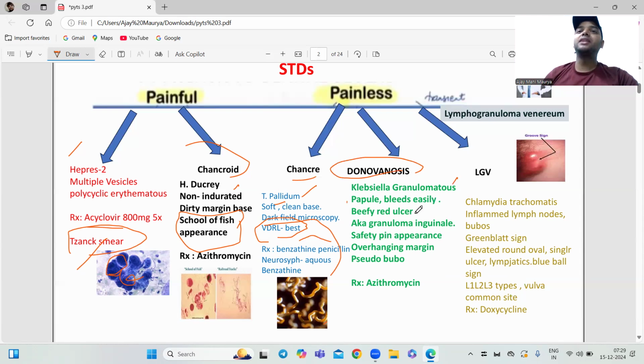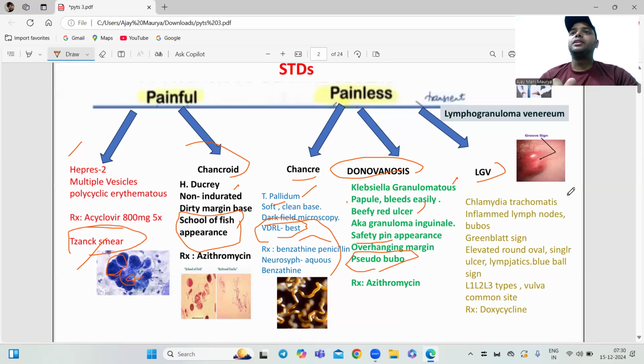Just remember these 2 points for donovanosis. It also has a safety pin appearance. It has pseudobubo. Pseudobubos are present. Treatment is azithromycin.